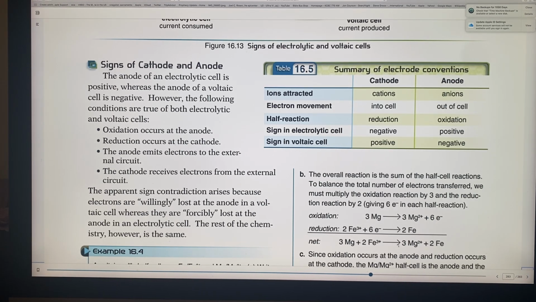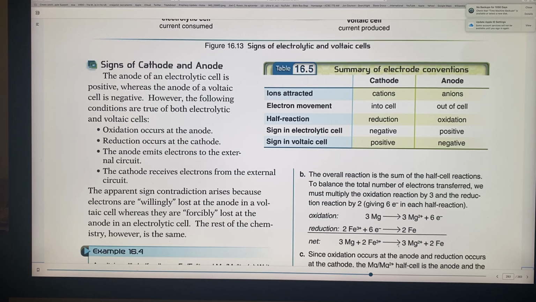So both are similar, but the apparent sign contradiction arises because the electrons are willingly lost. I like that. They're willingly lost at the anode in the voltaic cell, while they're forcibly lost at the anode in the electrolytic cell.